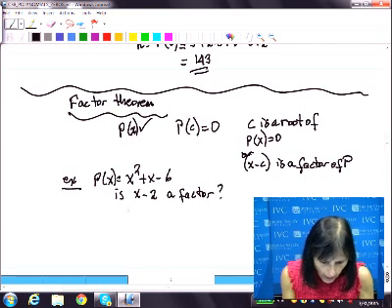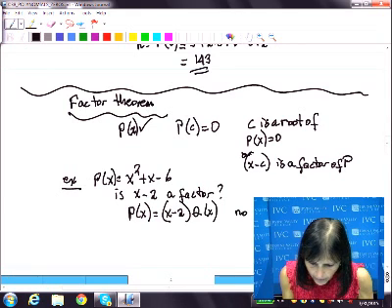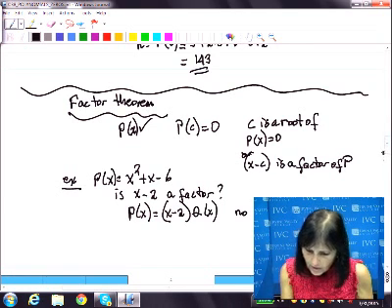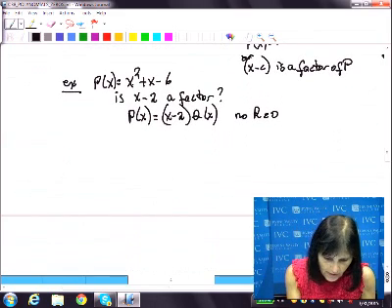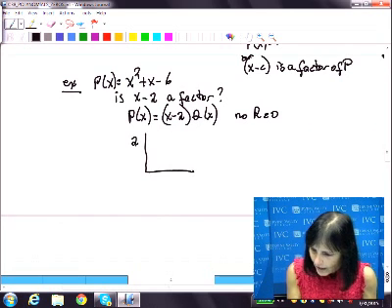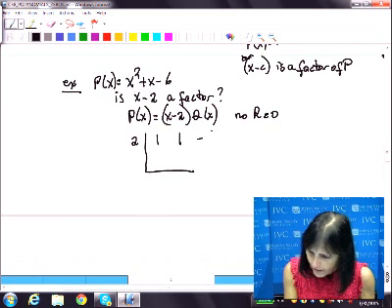That means if it is a factor, I can write p of x as x minus 2 times that quotient, and there is no remainder if it's a factor. So I can do a synthetic division and find out if my remainder is 0. So let's do the synthetic division. Remember how we do that? I put the 2 in there, that's my c, and x squared, that's coefficient of 1, x coefficient of 1, and then negative 6.